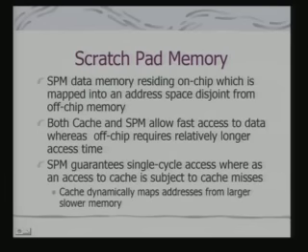As we have seen in the diagram, both cache and scratch pad memory allow fast access, whereas off-chip requires longer access time. But what is important to note is that scratchpad guarantees single cycle access, whereas an access to cache is subject to cache miss.